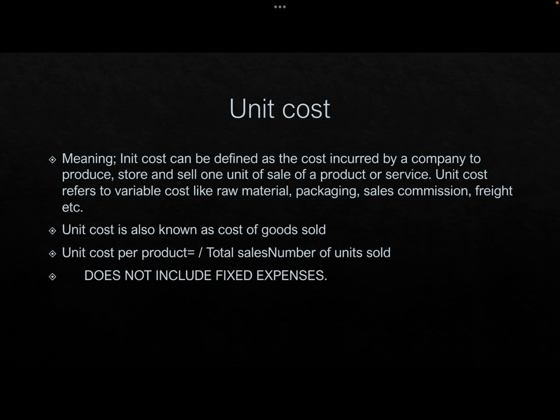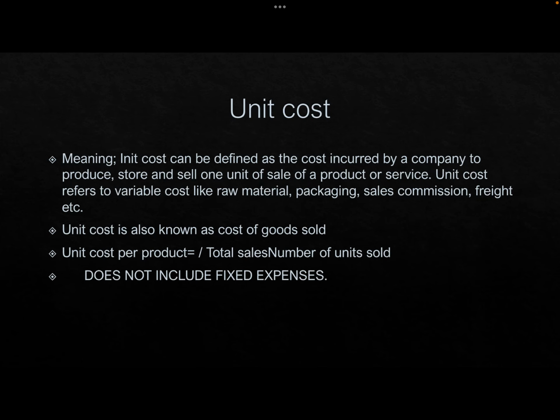And one more thing, a major point: unit cost includes only variable cost. There are two types of cost. One is fixed cost, other is variable cost. Fixed cost does not change with change in output. As output keeps on increasing, cost remains the same. For example, take the cost of the building which you have taken on rent. Let's say you are paying rent of 5,000 rupees.